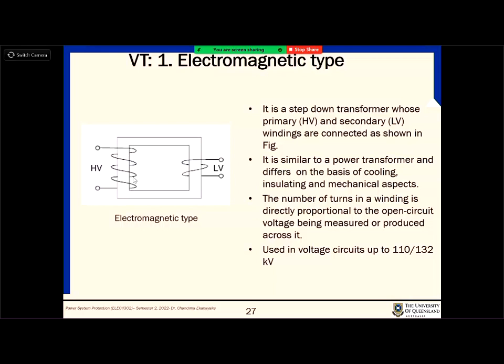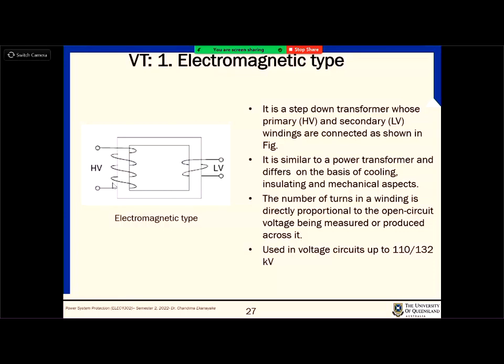And then the winding, as we know, the number of turns in a winding is proportional to the voltage that you apply, right? So it is like N1 to N2 is equal to V1 to V2. It is very fundamental.